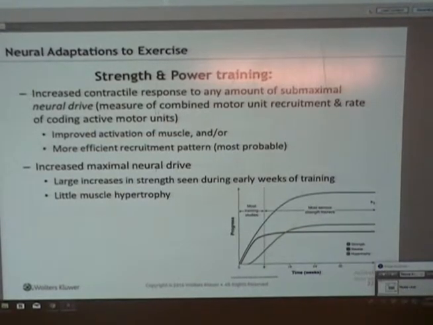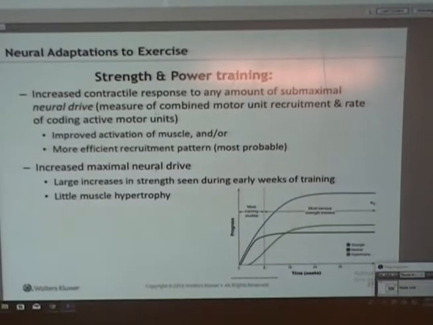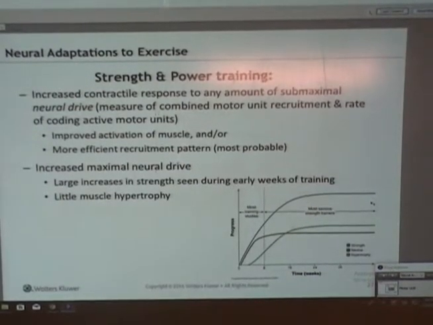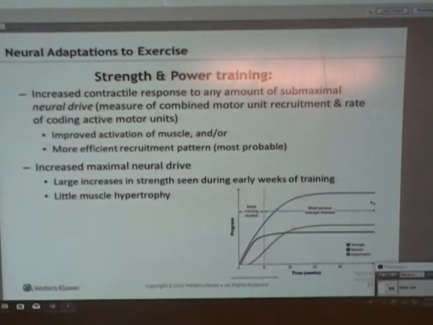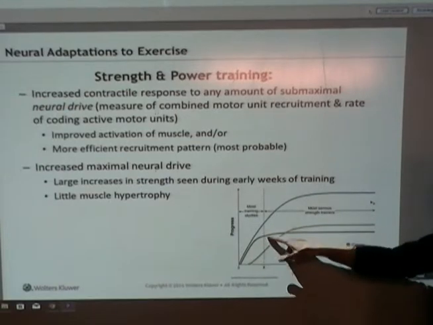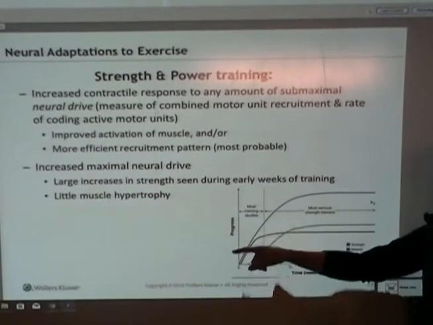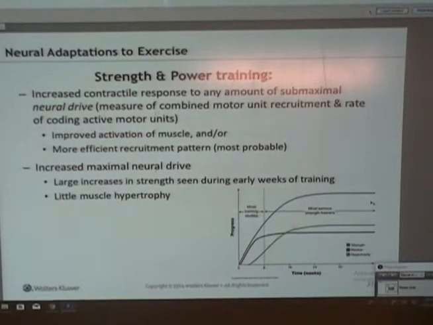And if they're bigger, they can make more myosin-actin cross bridges, and they can generate more force, ergo I'm stronger. Right? So all that initial change in strength is not down to the muscles, it's down to the changes that occur within the nervous system.